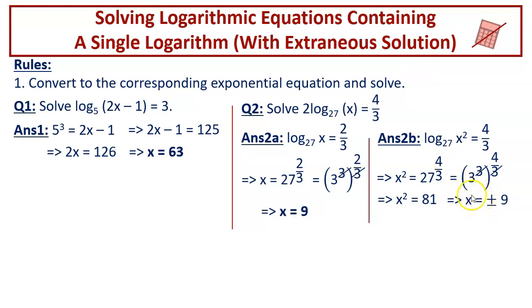We are having two values of x. Out of these two values, only one value can be taken, and the other has to be rejected. Okay, that is known as the extraneous solution, and for a logarithmic equation, it is totally compulsory to check whatever value you get, you substitute that value in the given logarithmic equation to see whether you can take that value as your final answer or not.